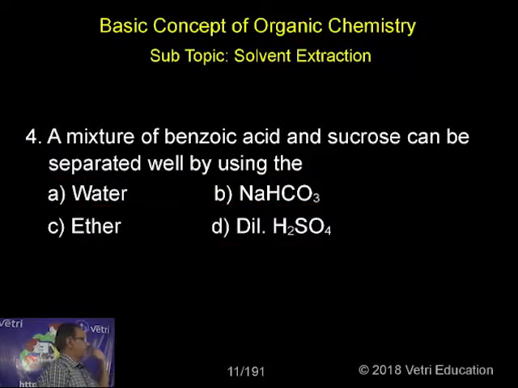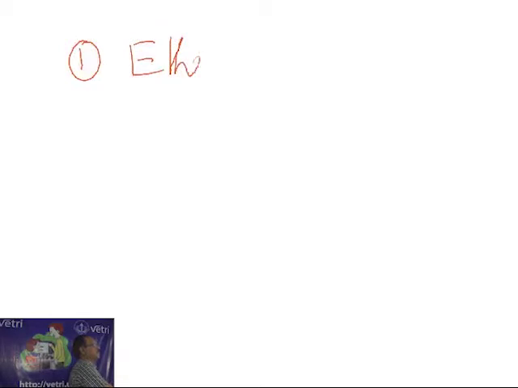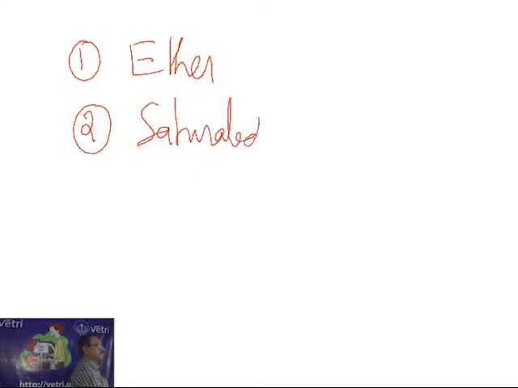Now let me give some information, kindly follow me. So, for the separation of a mixture, normally in the laboratory, 4 common reagents are used. Number 1, ether. Number 2, saturated sodium bicarbonate.